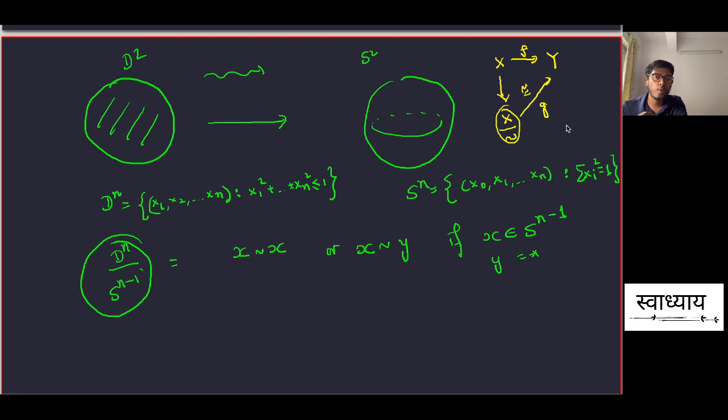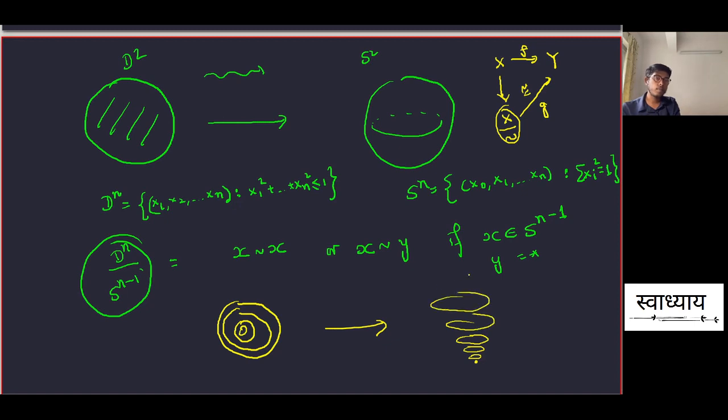So let's see what exactly is happening. Let's try to see from D2 to S2 what exactly is happening. So see, D2, if I take a bunch of circles, and if you see the sphere, it's like a point, then you have like this.